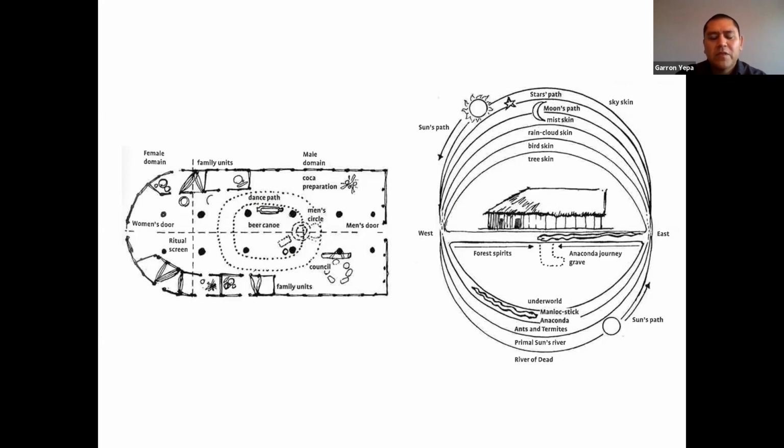But in the diagram on the right, you start to see more of a concentric understanding of how this community house sits within the cosmos of the sun path. And if you look closely, you'll see tree skin, bird skin, rain cloud skin, mist skin, moon's path, and these other not often thought about ideas when it comes to architecture and construction.